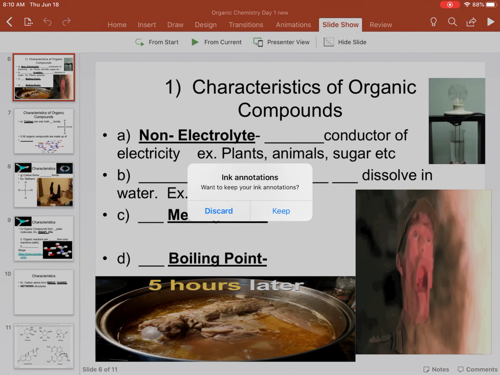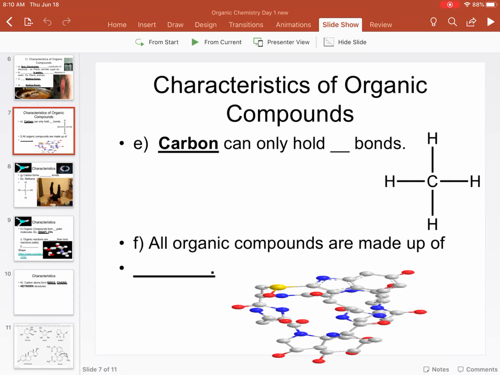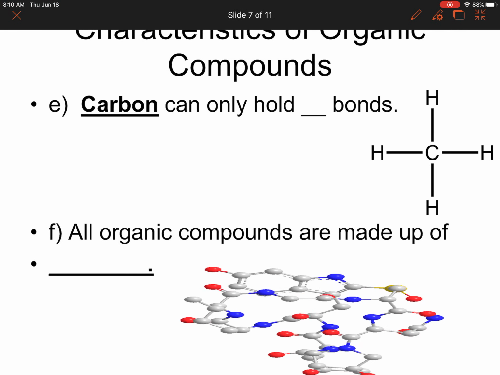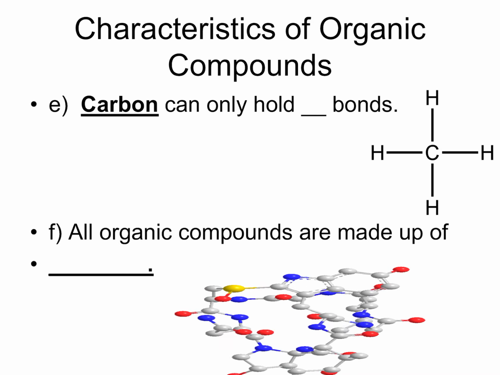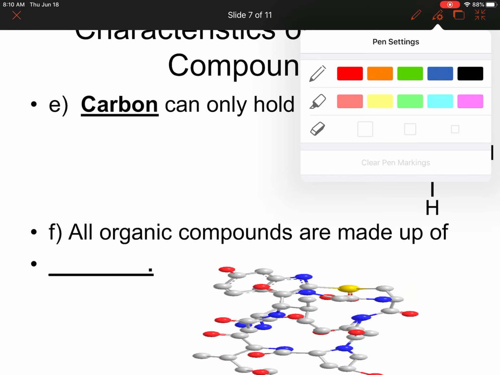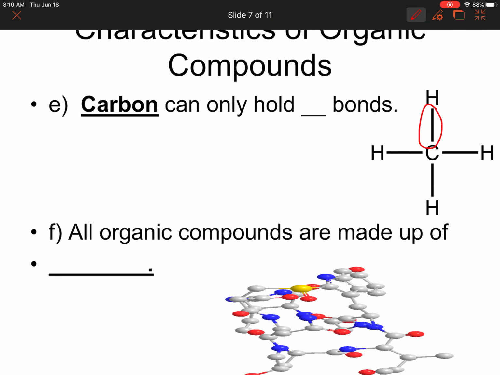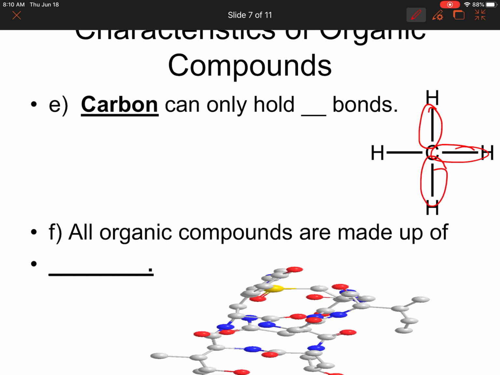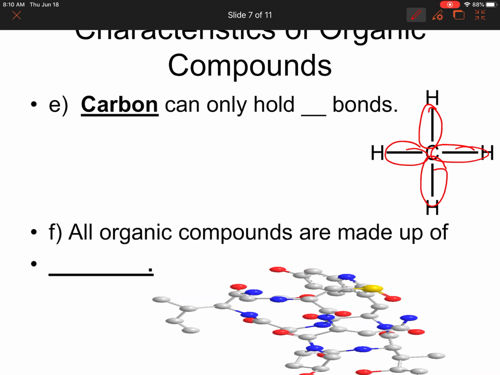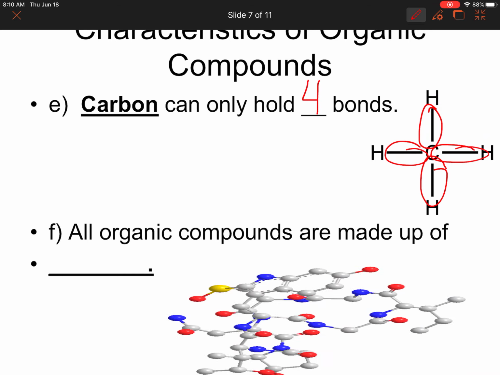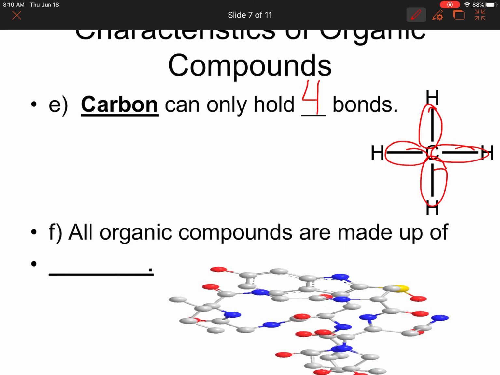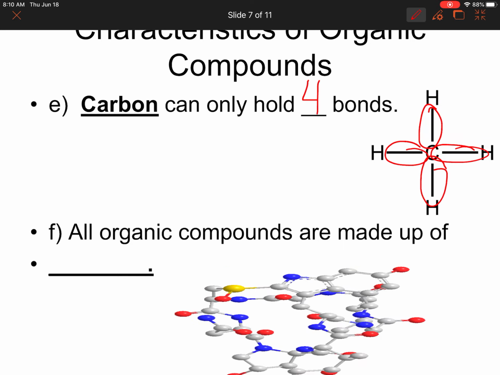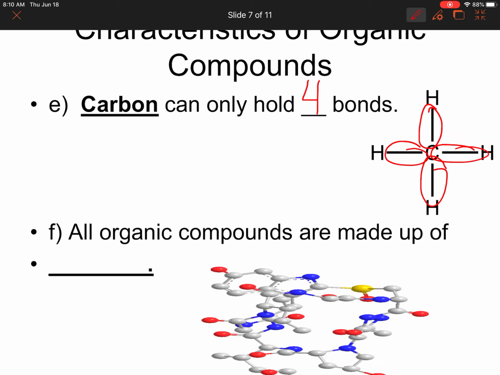Okay, let's move on. Next thing over here. Characteristics of organic compounds. Well, look at this molecule over here. 1, 2, 3, 4. Carbon can only hold 4 bonds. That's the maximum it can hold. If all organic compounds are made up of, well, what do we just say?